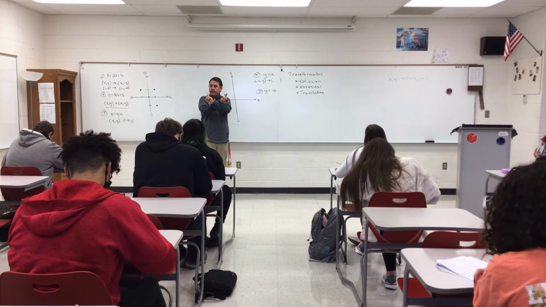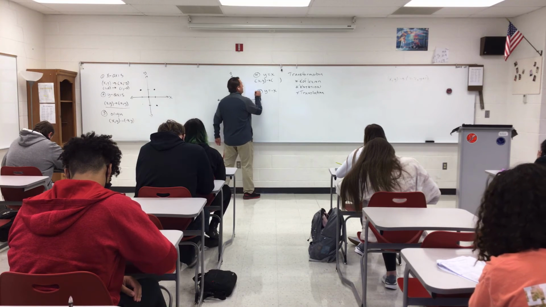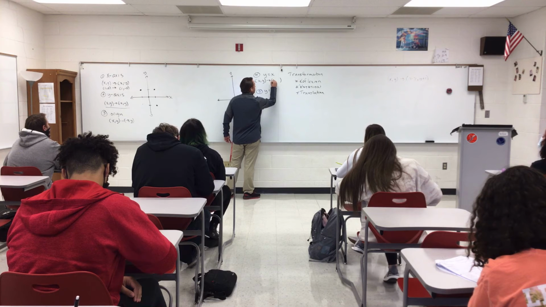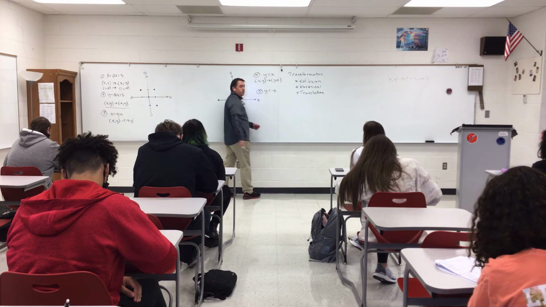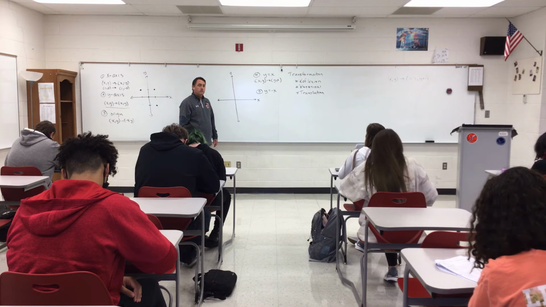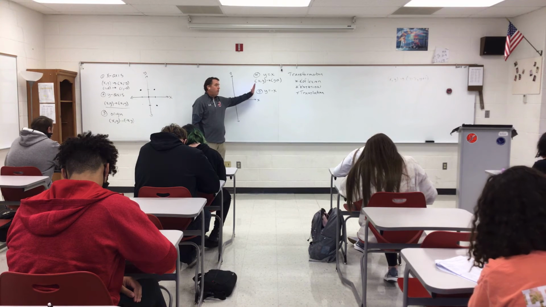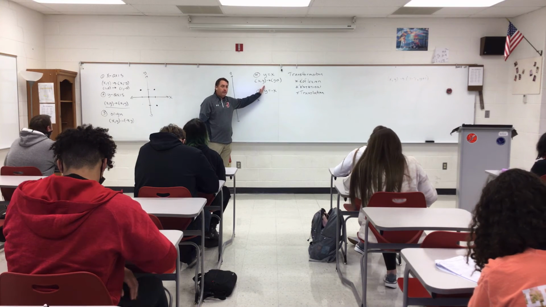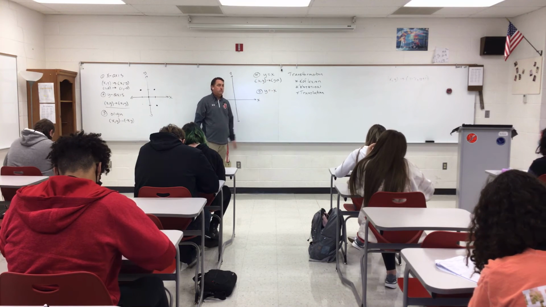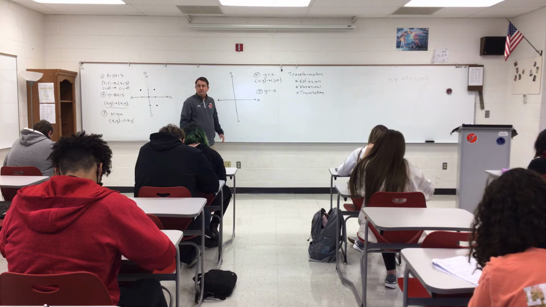You guys see what I mean by that? So here's how we're going to write the rule. If I start with this x and that y, my new point is going to be flipped around. So if my first point is 4, 5, the reflection will be 5, 4. They just change places.